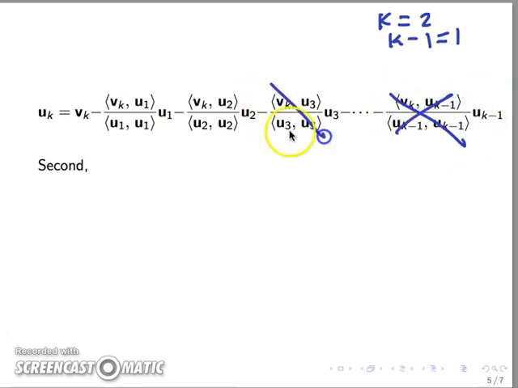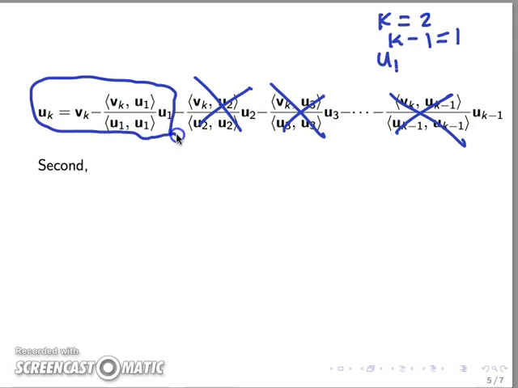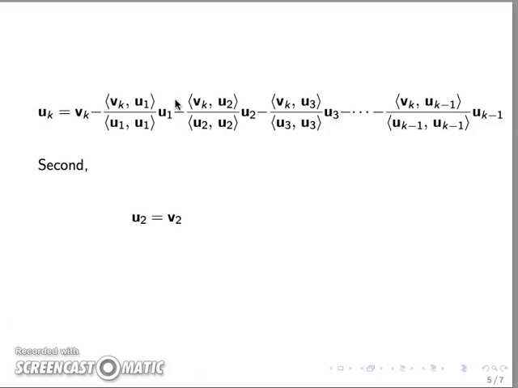So these terms don't appear, and we stop exactly at u sub 1, which means we're only working with this part of the expression. So that means u2 equals v2 minus that expression.